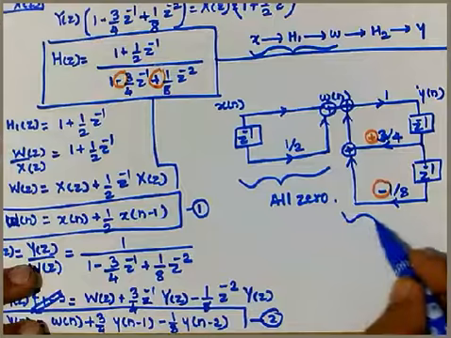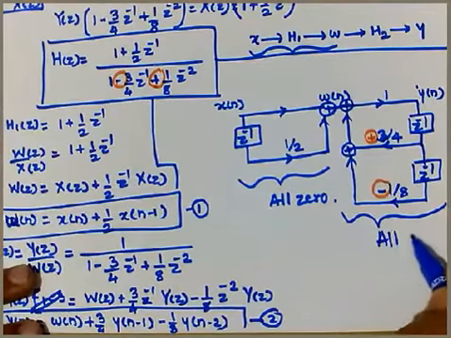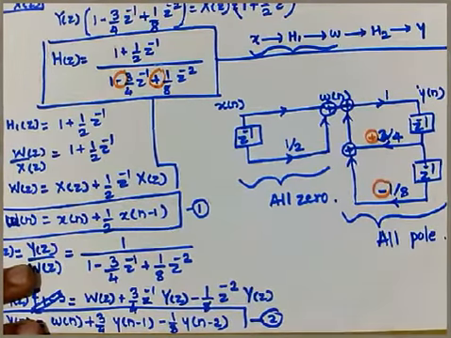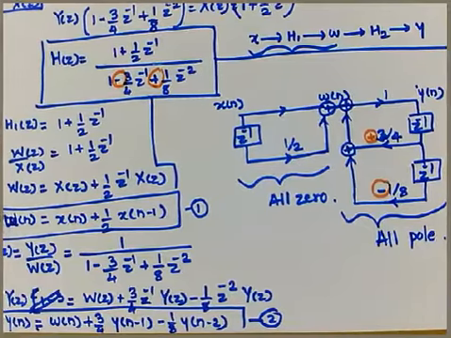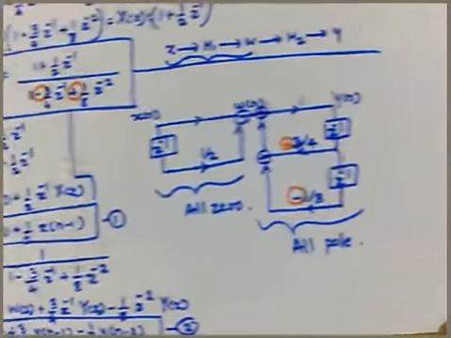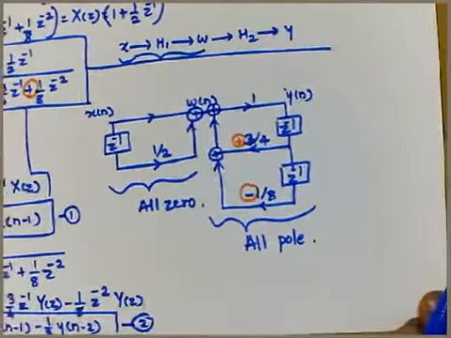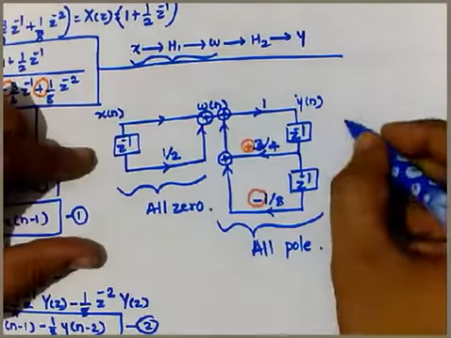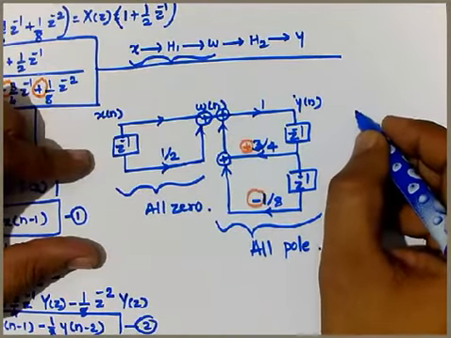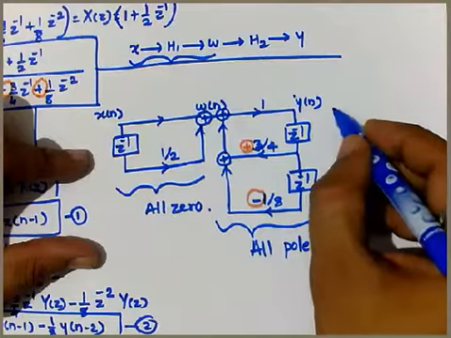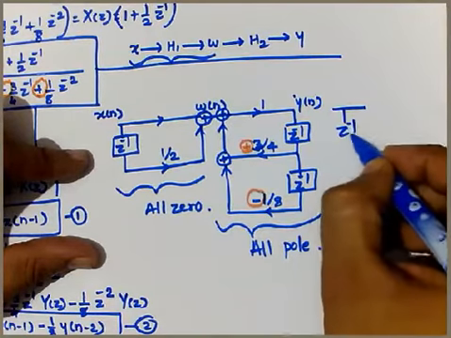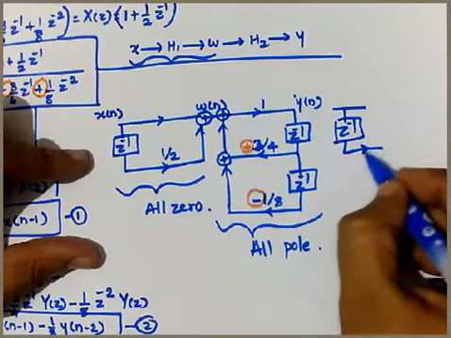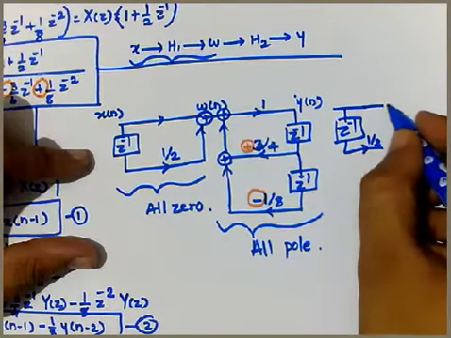Now this is nothing but the all-pole system, and this is actually the direct form 1 structure. This can be further simplified after combining it, like this. This is z inverse, this is 1/2. Let me combine it.